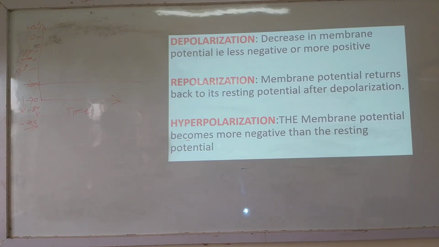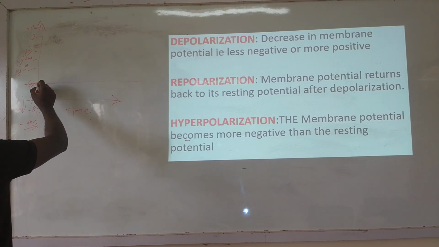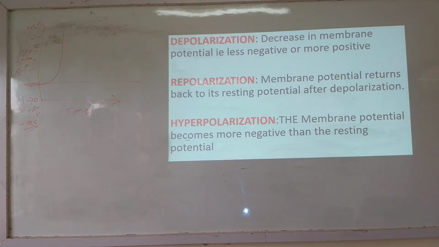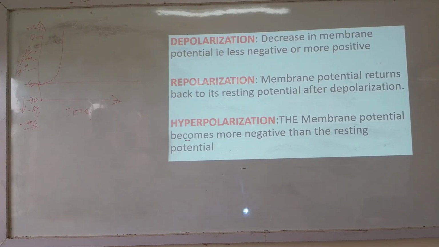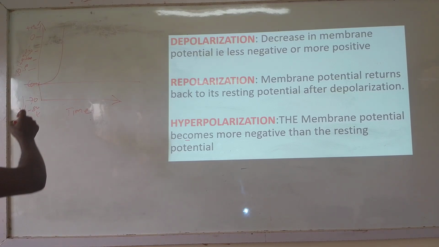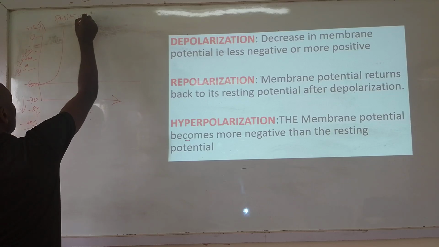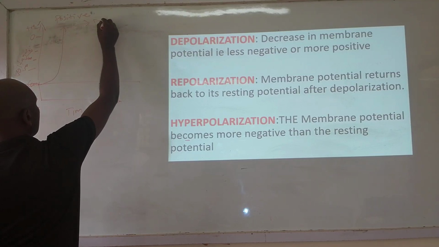If I change this charge towards positive, that is depolarization. I will be depolarizing this cell, which means I am moving it from the negative state towards the positive state.